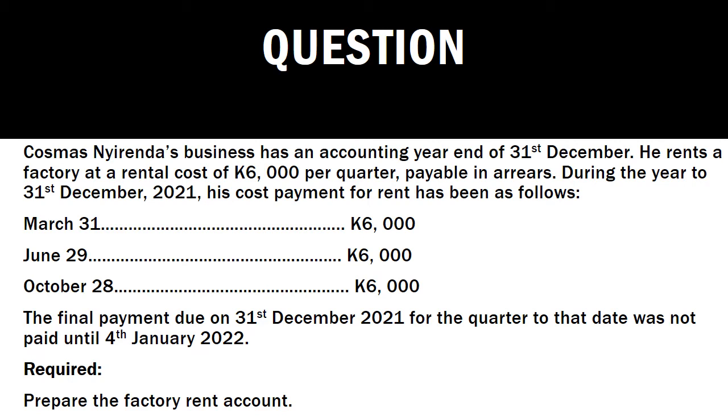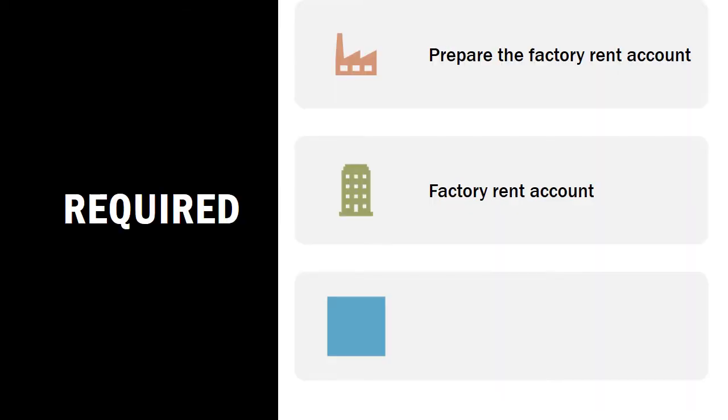During the year to 31st December 2021, his cash payments for rent have been as follows: 31st March 6,000, June 29th 6,000, October 28th 6,000, and we are being told that the final payment due on 31st December 2021 for the quarter to that date was not paid until 4th January 2022. So the question is asking us to prepare the factory rent account.